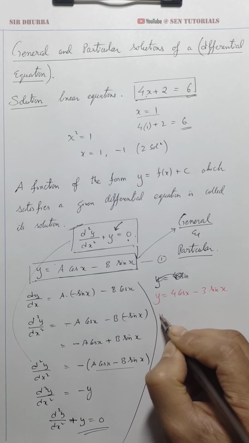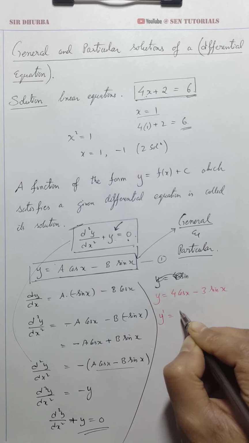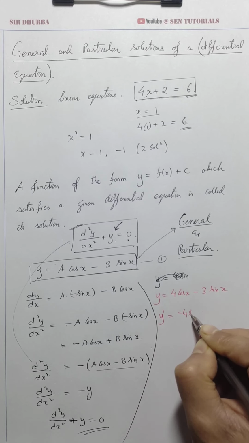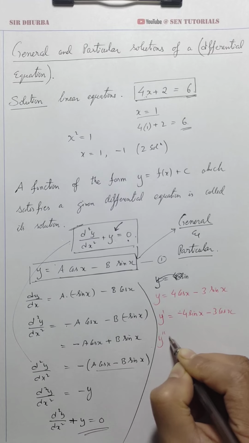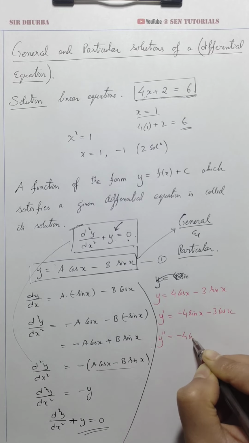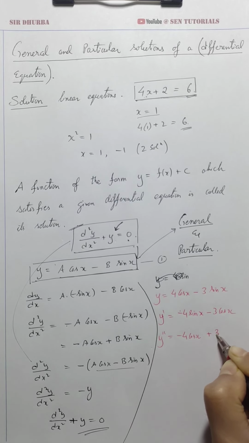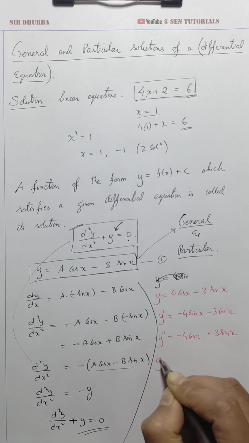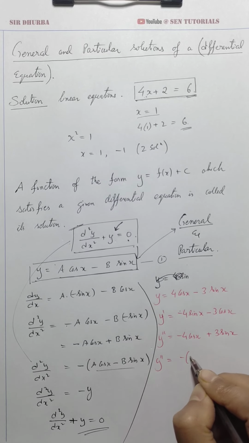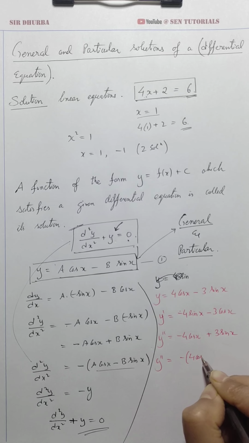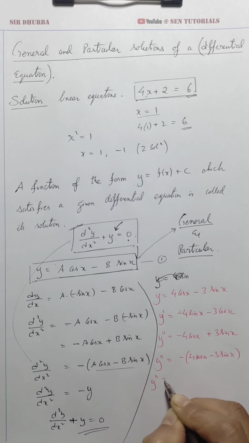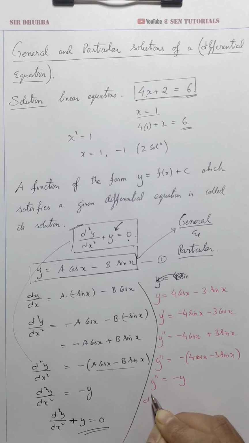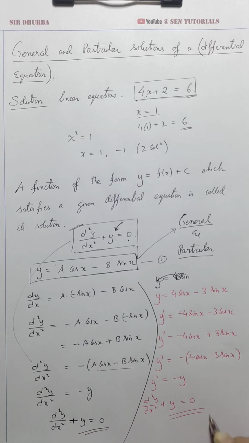In that case also, if we differentiate, y dash is minus 4 sin x minus 3 cos x, differentiated 2 times, that's minus 4 cos x plus 3 sin x, that's y double dash equal to minus of (4 cos x minus 3 sin x). So y double dash equal to minus of y, so d square y by dx square plus y is equal to 0.